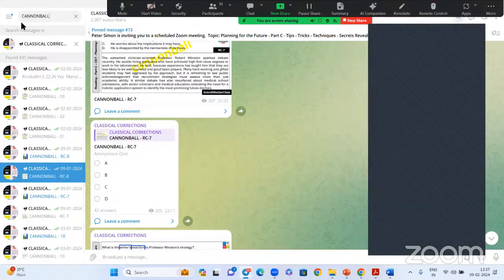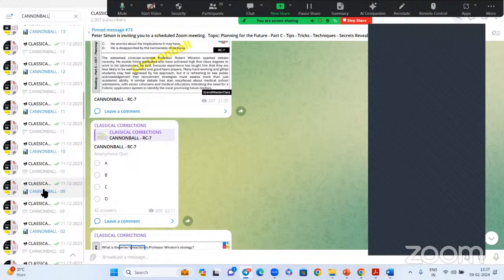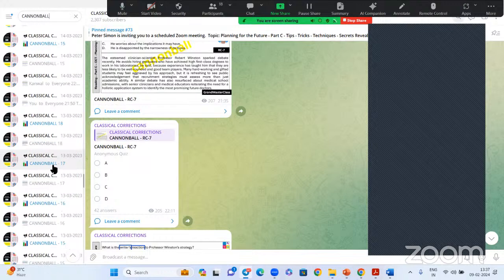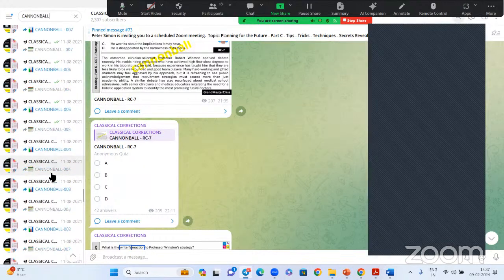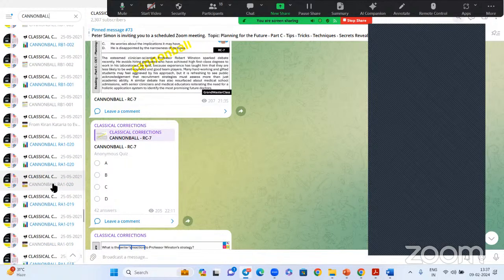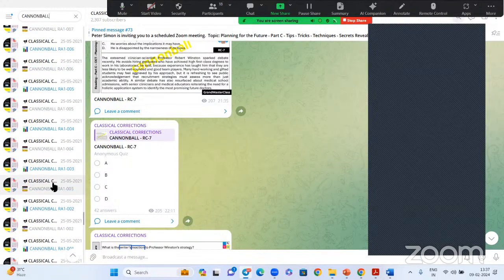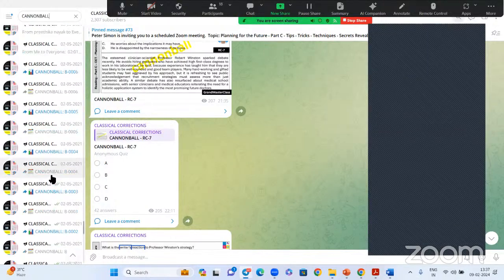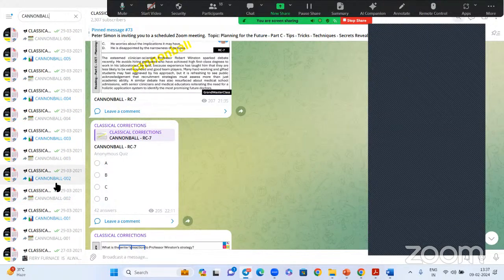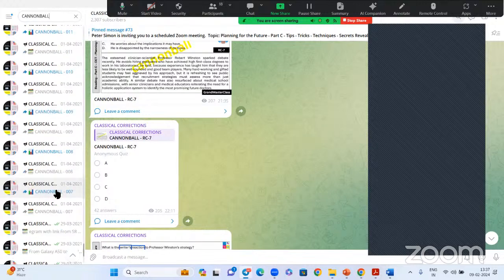Just type cannonball here and you'll get all cannonballs, only cannonballs. Hundreds of them. In fact, you can learn a number of things from here itself. If you use them properly, you don't need Peter sir also.